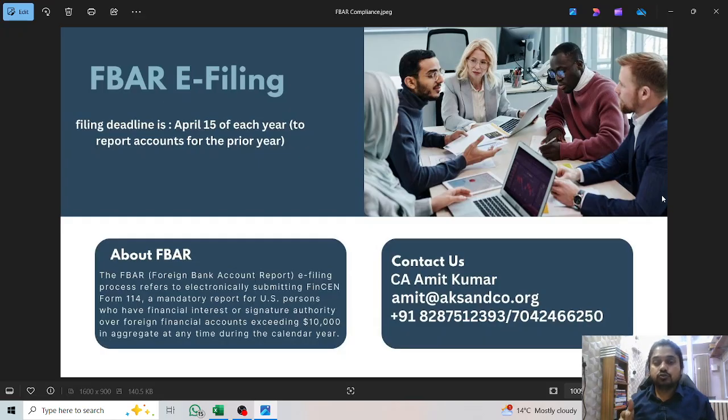This compliance is for those who are residents of the USA, who are living in the USA, who have an SSN and TIN, a tax identification number, in the USA, and if they have a bank account in foreign countries, meaning other than the USA, then you have to report your foreign accounts' maximum balance available during that year.